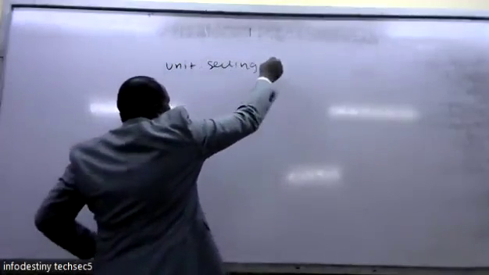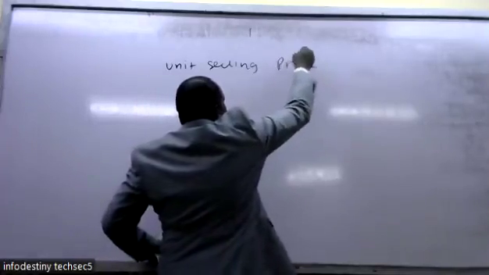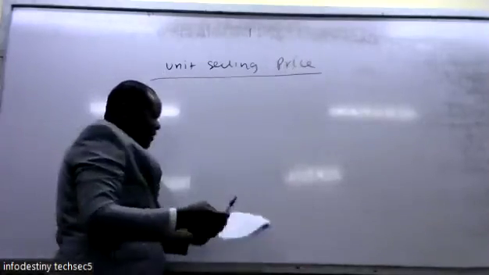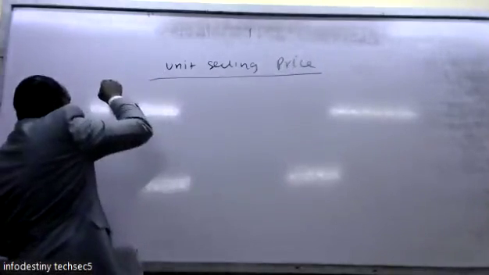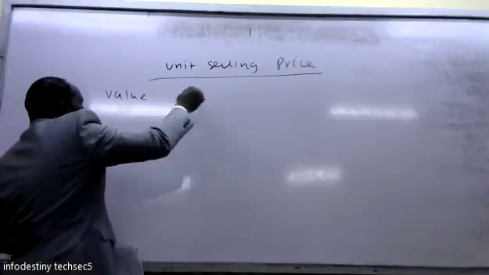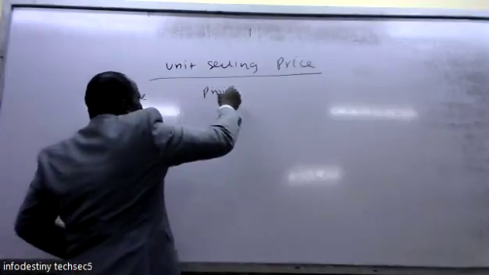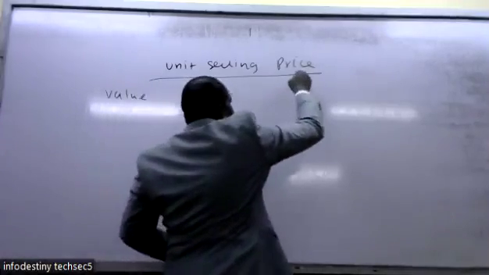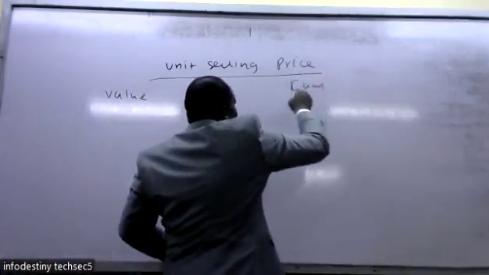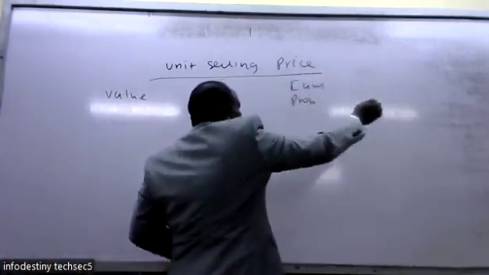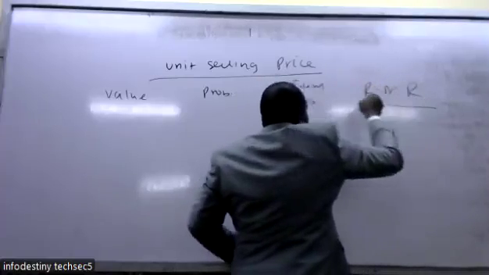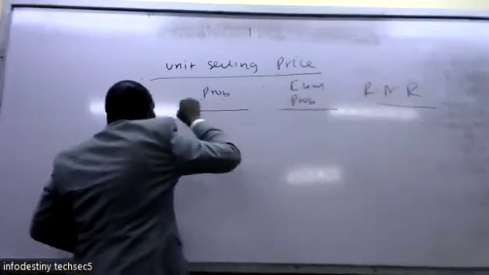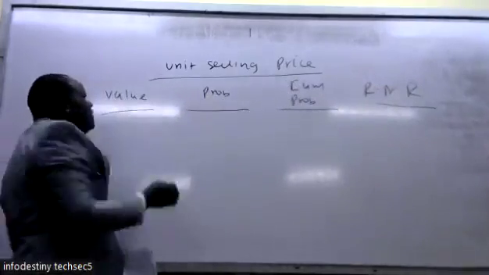They have given you the value, then probability, then cumulative probability, then the random number range.